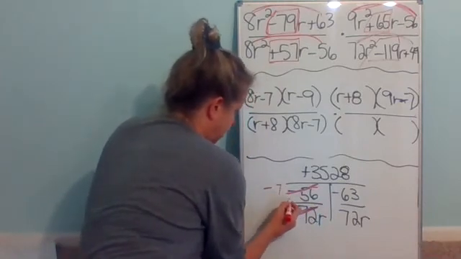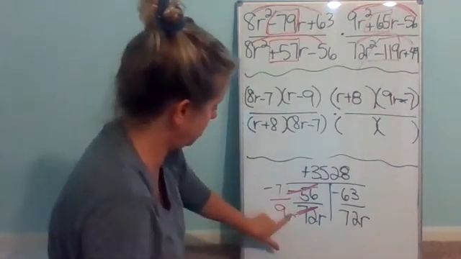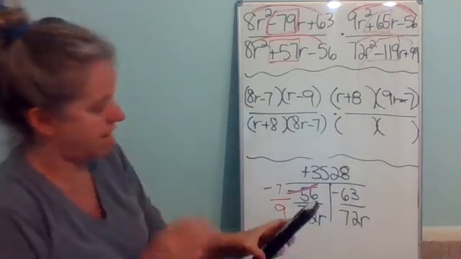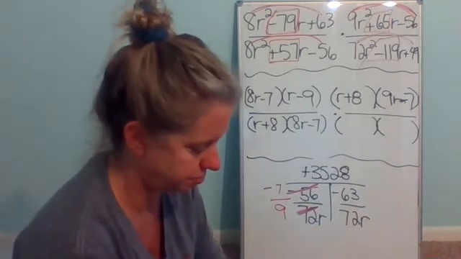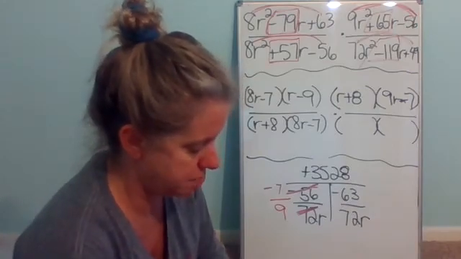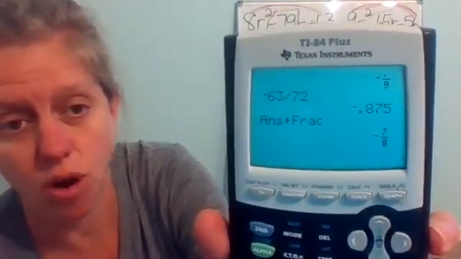So negative 7 over 9. Or 9R, I guess you can leave it, 9R. Now do the other one, negative 63 divided by 72, then math, enter that to get negative 7 over 8.